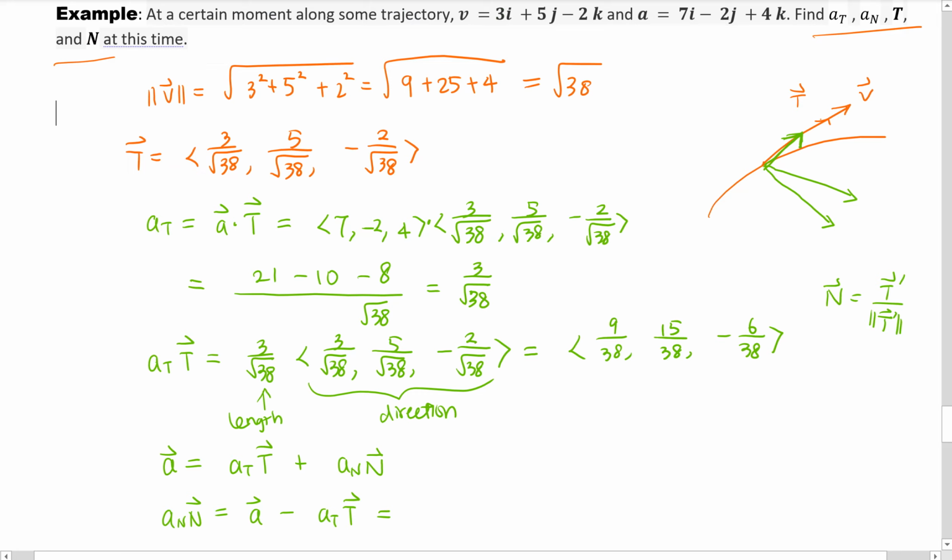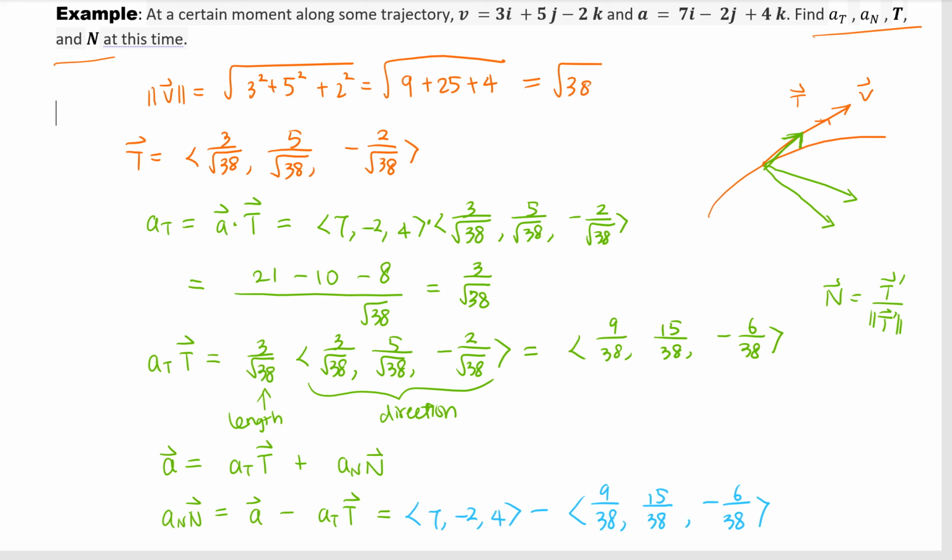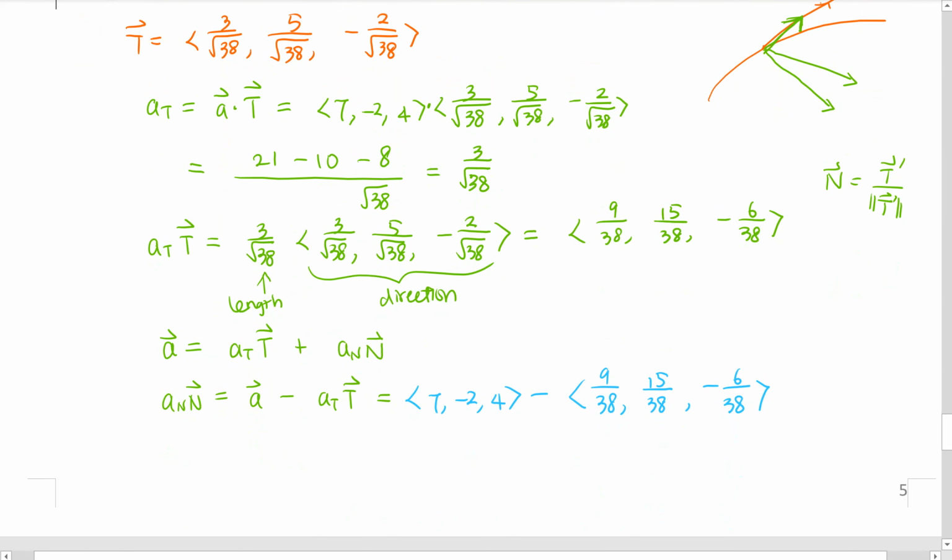A, what is A? 7, negative 2, 4. And then the tangential component, 9 over 38, 15 over 38, negative 6 over 38. Oops, I should write more tiny. Now I almost ran out of space.